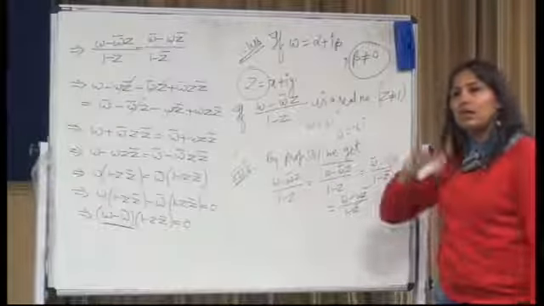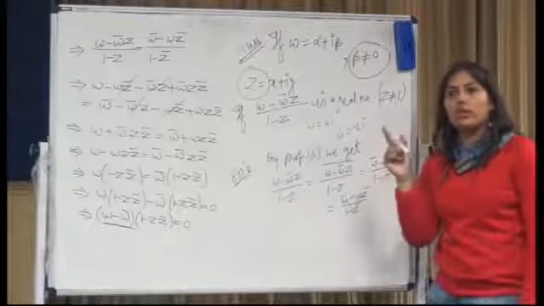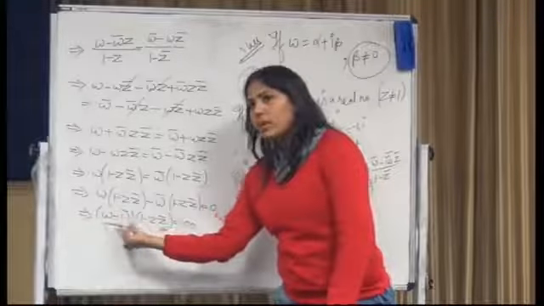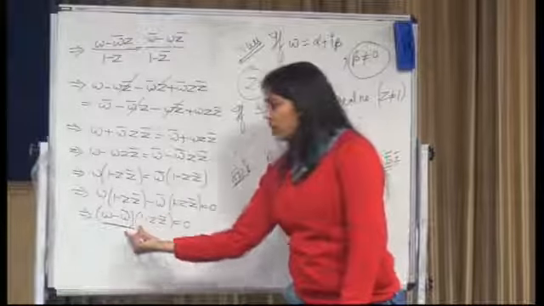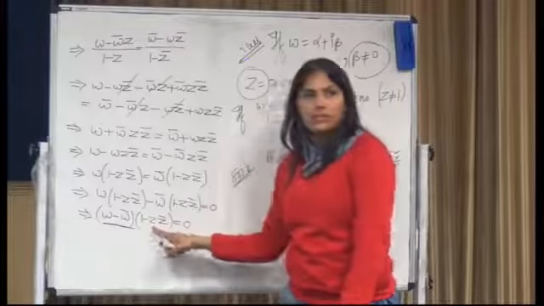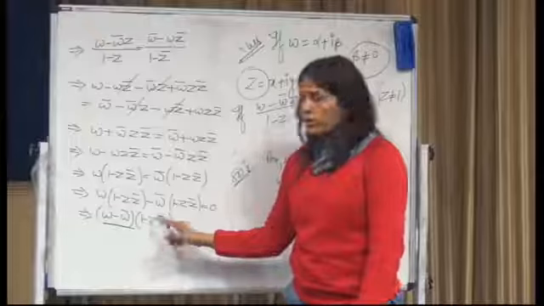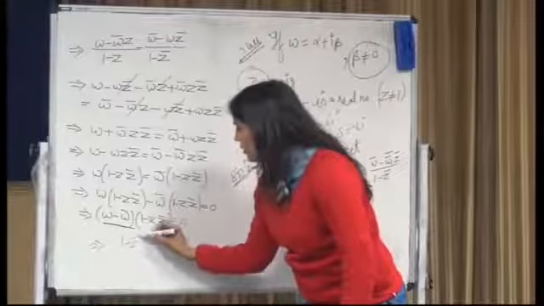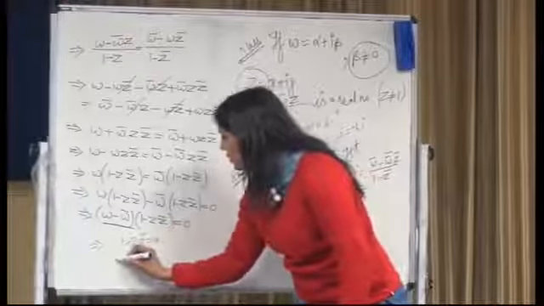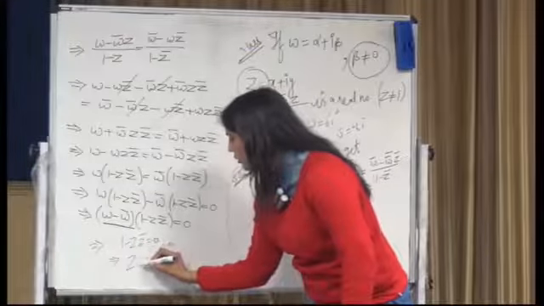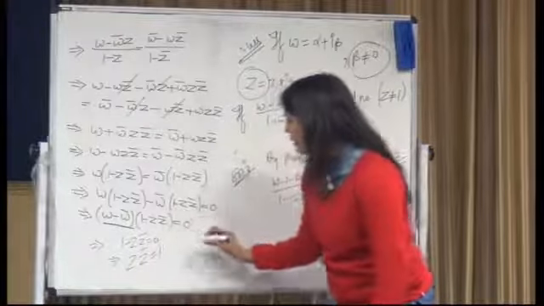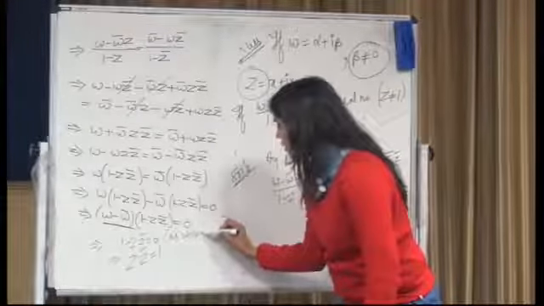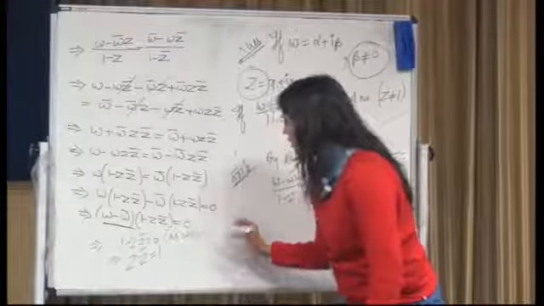It means that if the imaginary part is not 0, w will not be equal to w bar, and from here either this number will be 0 or this number will be 0, but this is non-zero. What does it mean? This will be 0 then. Okay. So this implies this is 0. So 1. Fine. So reason here you can write down w is not equal to w bar. Fine.